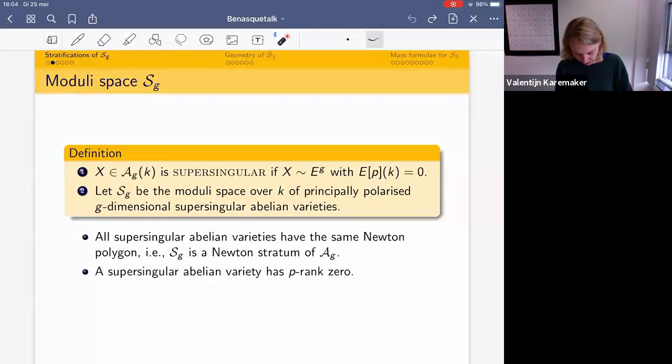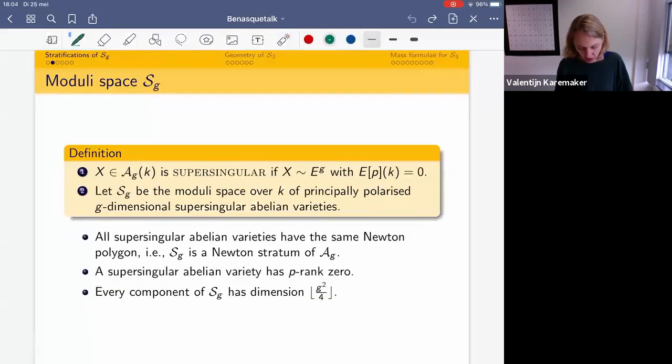The converse, that p-rank 0 implies that you're supersingular, is true for small dimensions, so for dimension up to 3 and not beyond that. Then we know that every component of S_g has dimension the integer part of g^2/4. This is due to Li and Oort. And they also gave the number of components in terms of class numbers.